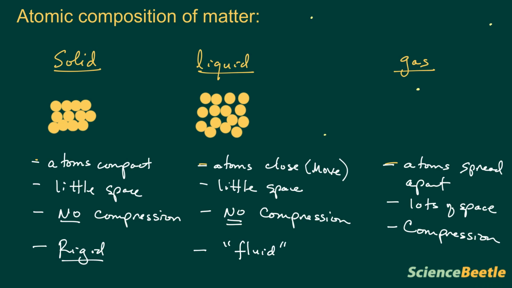No pun intended there, but essentially what this means is if I were to take a liquid and put it into a container, it would take the shape of the container that you put it into. And that is the same for the gas. It also assumes a fluid type appearance or structure, so that if you do put it into a container, though you might not be able to see it, it will take the shape of that container. So from an atomic perspective, this is the way you want to determine or distinguish between a solid, a liquid, and a gas.